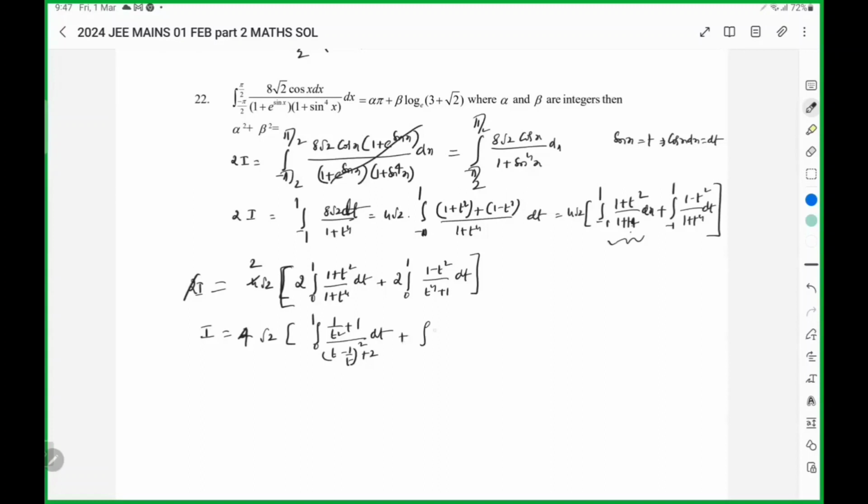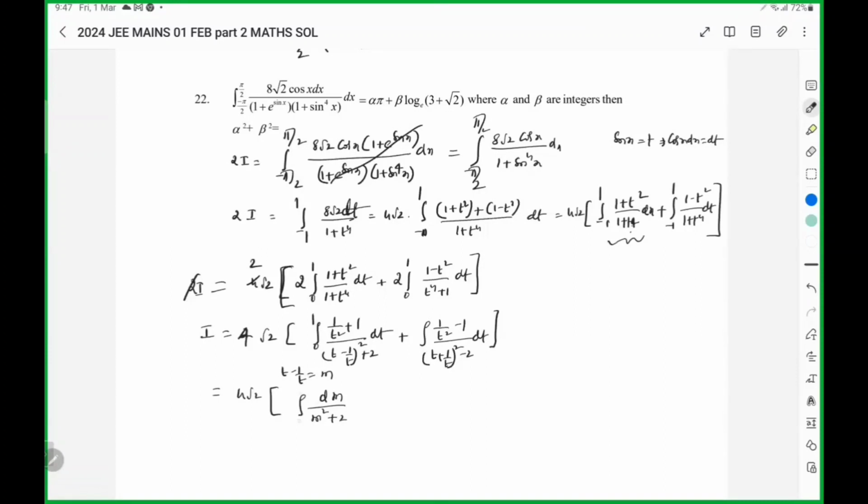Here dividing with t square, t plus 1 by t whole square minus 2 dt. 4 root 2 times. Here you take t minus 1 by t as m. You get m square plus 2, 1 plus this will be dm.